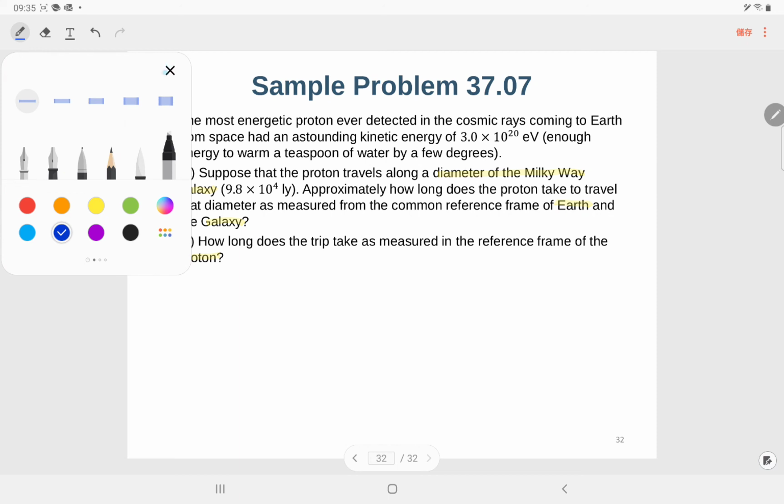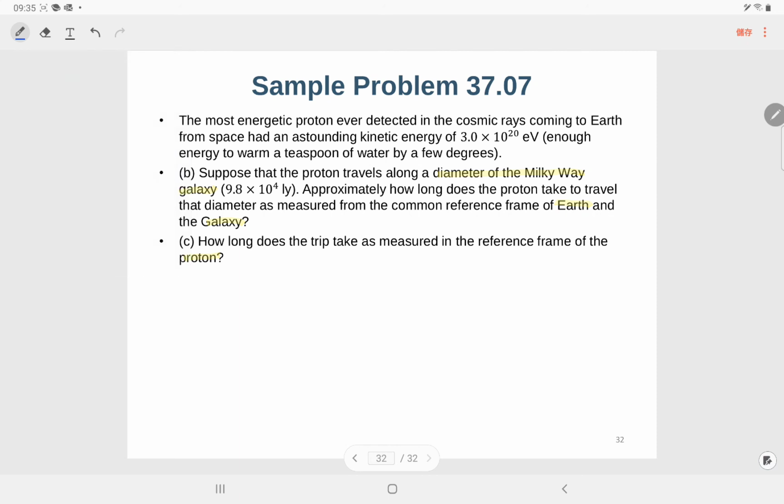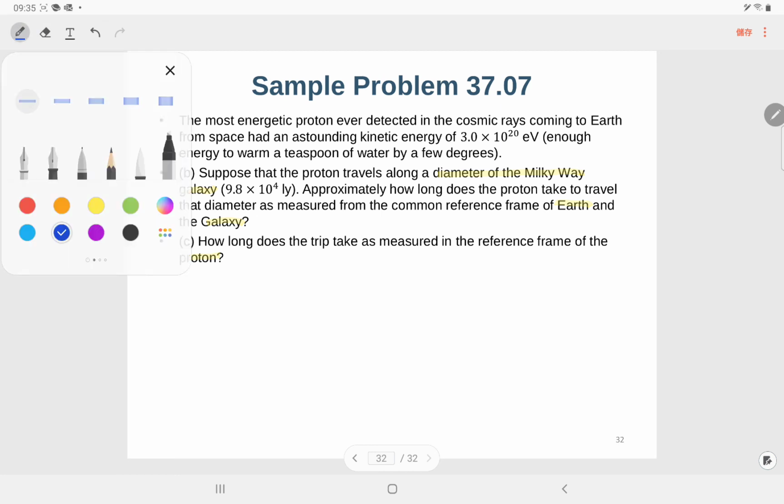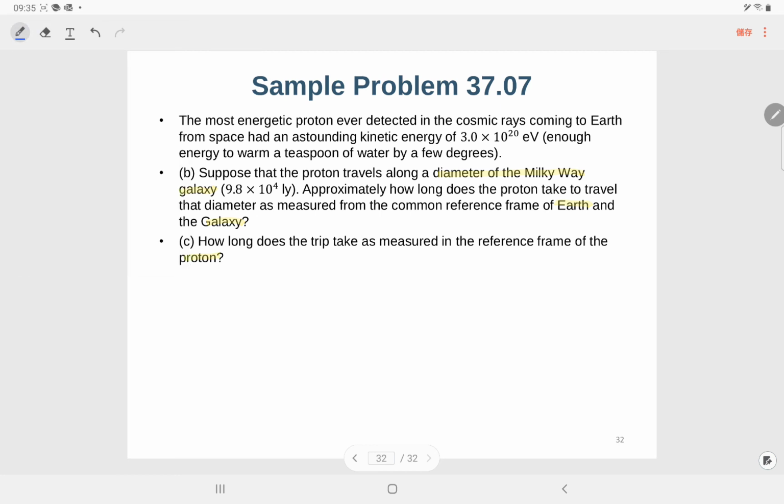So actually, we also need to use the concept about the proper time, the time dilation. So for part B, this one is at the reference frame from the Earth.